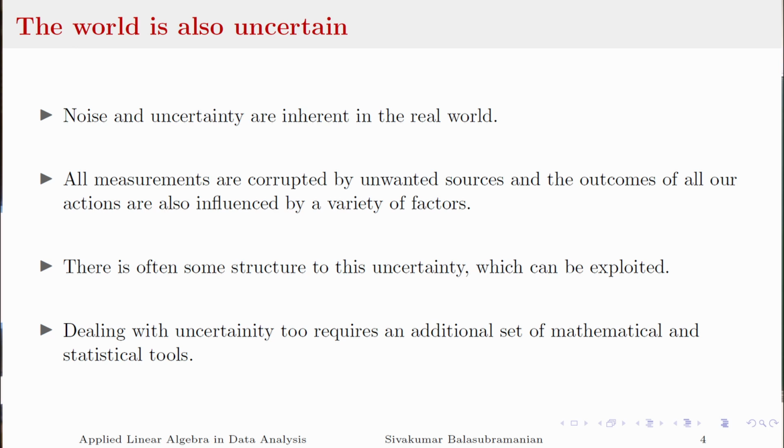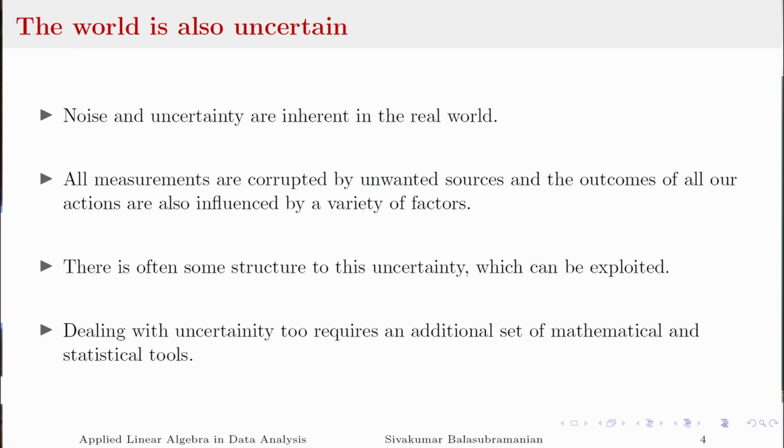Right, and basically we need additional tools beyond the tools that we've learned maybe in undergraduate engineering for dealing with deterministic systems. So that's essentially probability theory and statistics that helps us to deal with this.